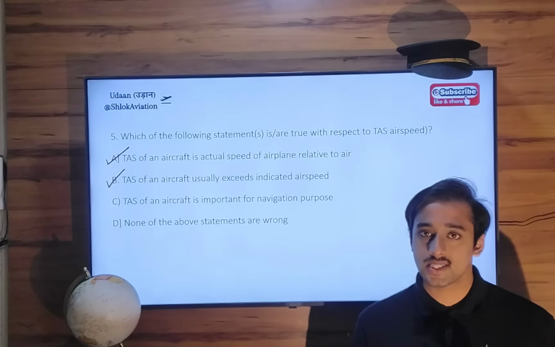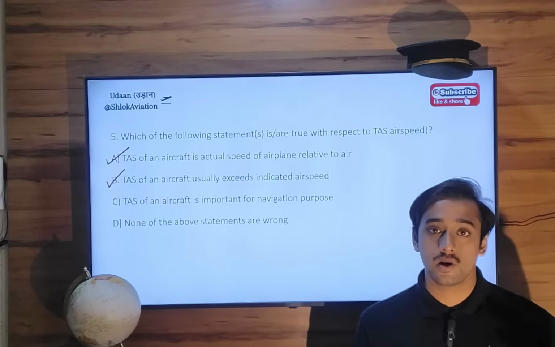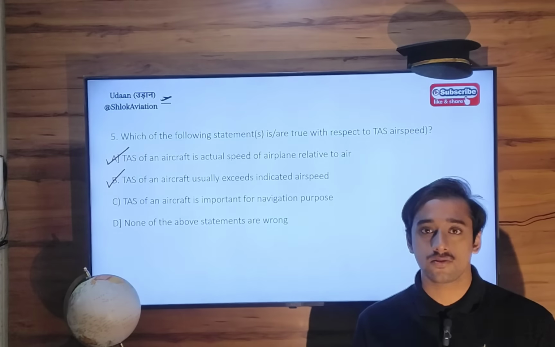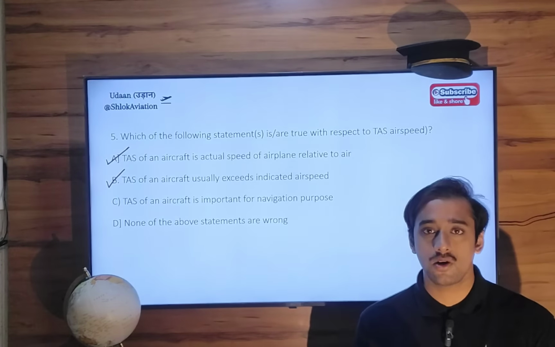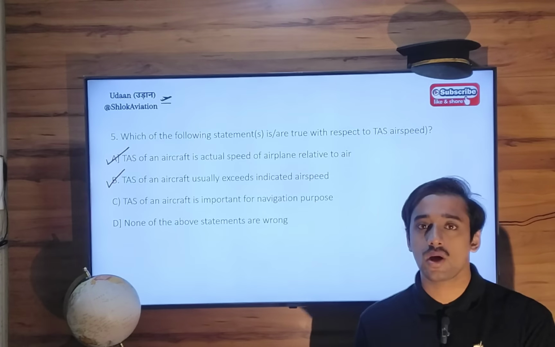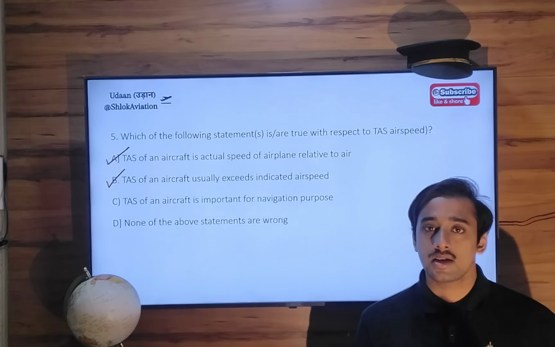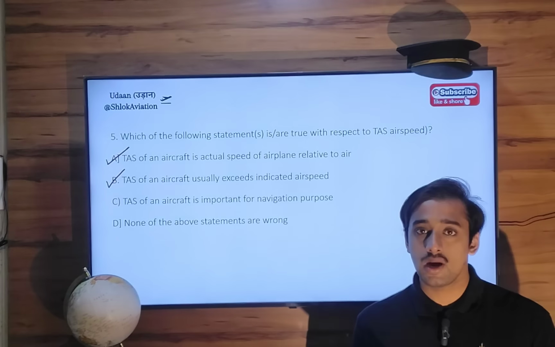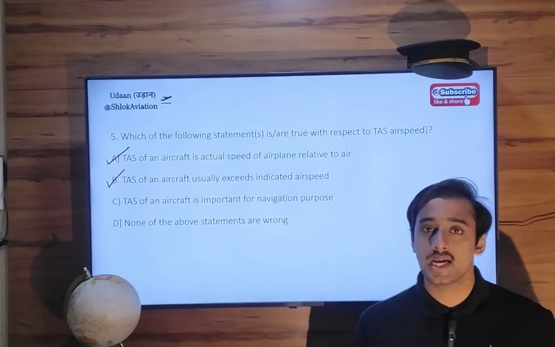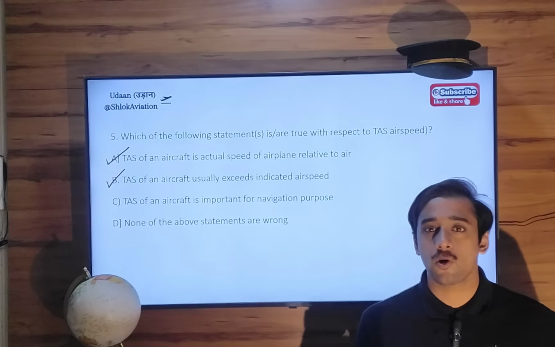For example, if you are flying at mean sea level at an indicated airspeed of, let's say, 100 knots and a true airspeed of, let's say, 150 knots. When you go to a higher altitude, let's say 10,000 feet, you will be flying at the same true airspeed of 150 knots like before at mean sea level, but the airspeed indicated by your instrument will be, let's say, 45 knots.